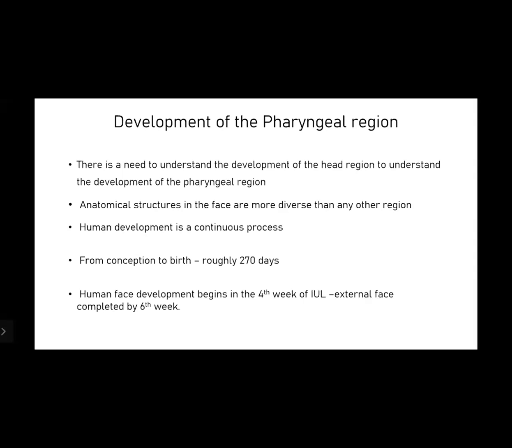You need to understand that human development is a continuous process which spans from conception, that is, the formation of the zygote, up until birth, which is roughly about 270 days or about 56 weeks. So the human face development begins in the 4th week of intrauterine life, and the external face is usually completed by the 6th week.